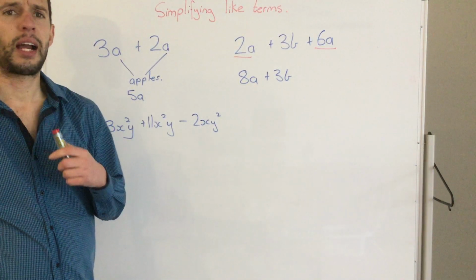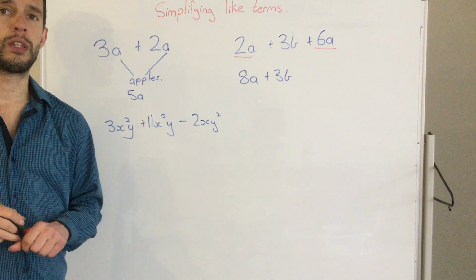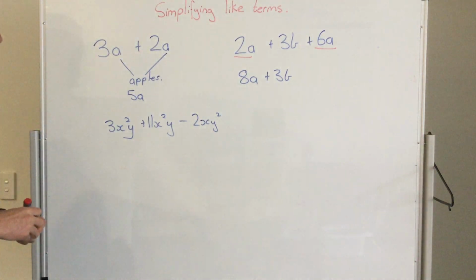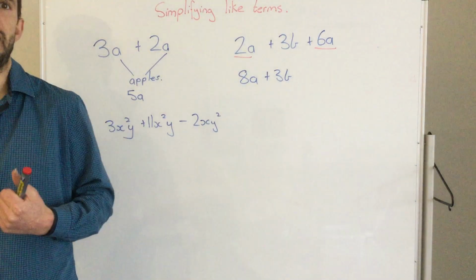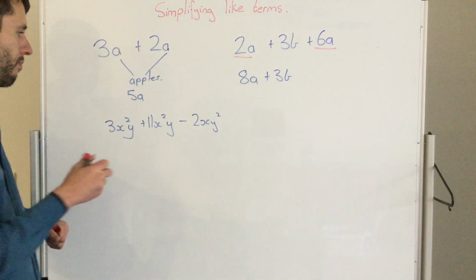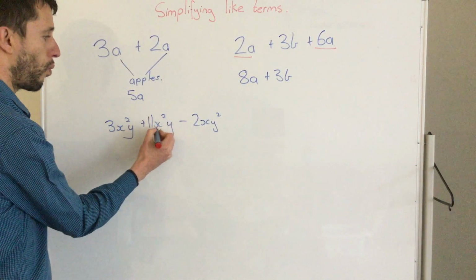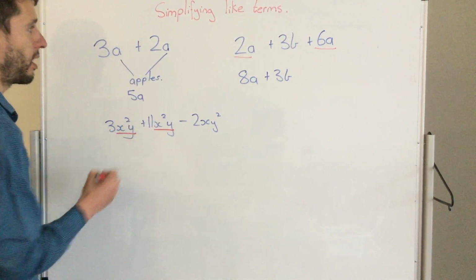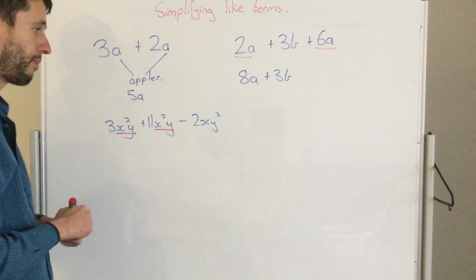Now this is exactly the same. We're looking at what is the same with the variables. So even though it's got a 2, that 2 just means we've got 2 lots of x's, x times x. So x squared y, x squared y. These are exactly the same. They are the same like term.